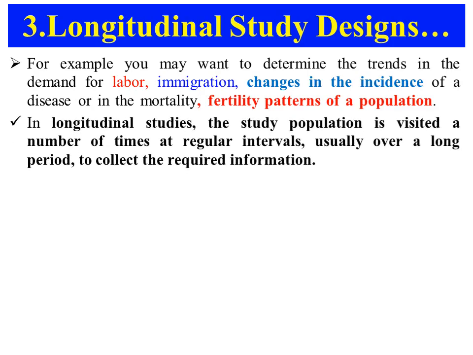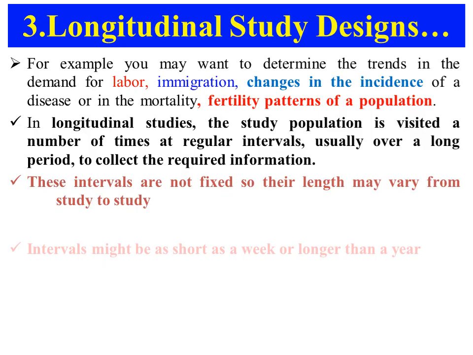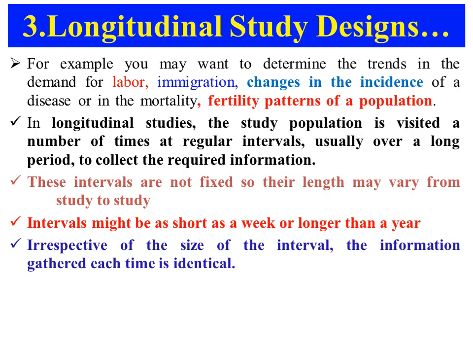In longitudinal studies, the study population is visited a number of times at regular intervals, usually over a long period, to collect the required information. These intervals are not fixed, so their lengths may vary from study to study. Intervals may be as short as a week or longer than a year.